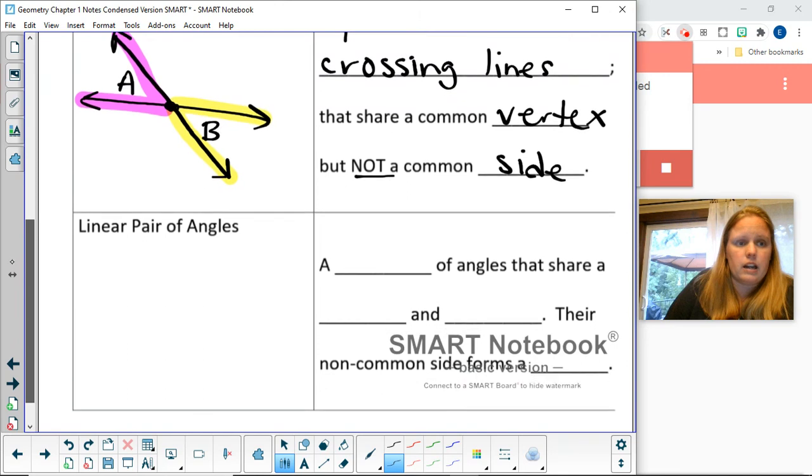Now another one that's very close to that is a linear pair of angles. And those are also made when we have crossing lines. So it's another pair of angles. But this time they share the vertex and they share a side.